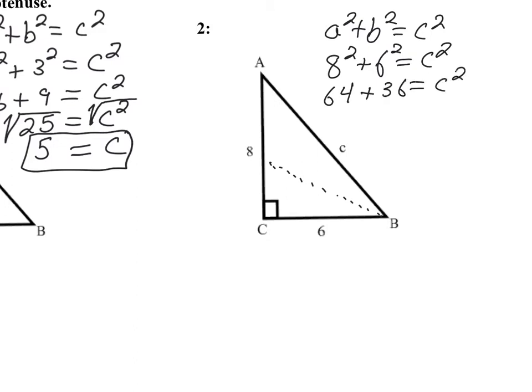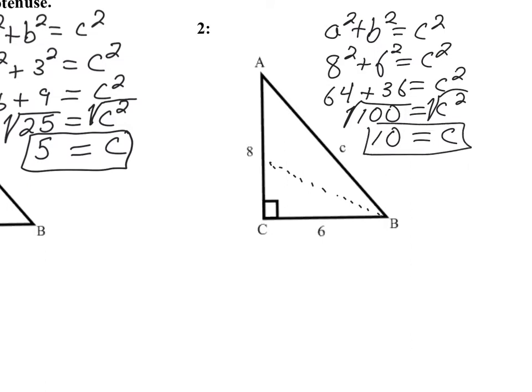Again, combine like terms. 64 plus 36 is 100. And take the square root of both sides. Okay, and the square root of c squared is c, and the square root of 100 is 10. And so again, you can see that that is the longest side of the triangle.